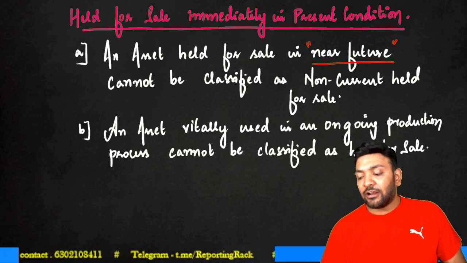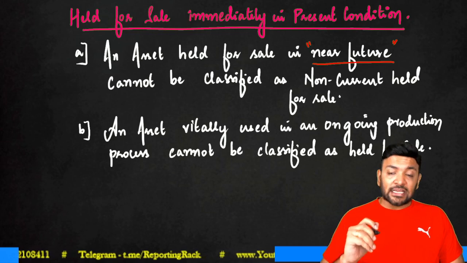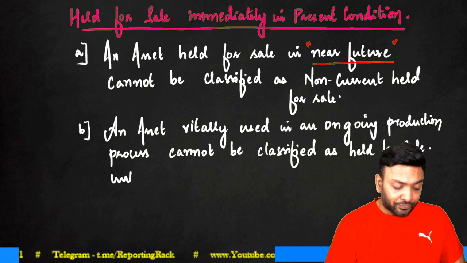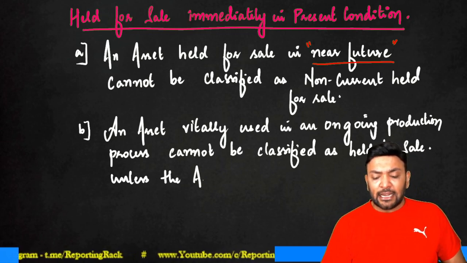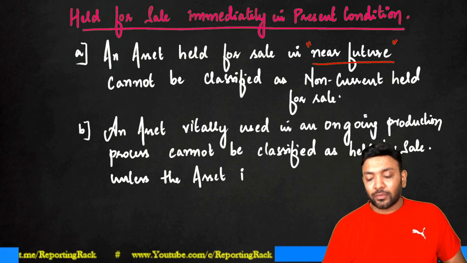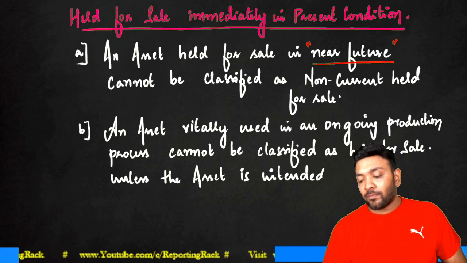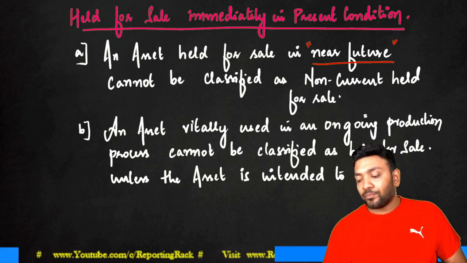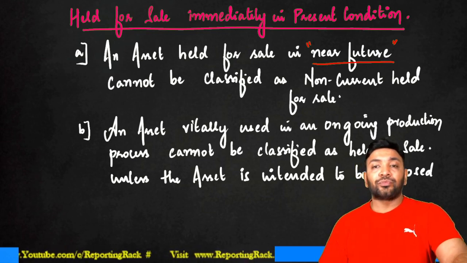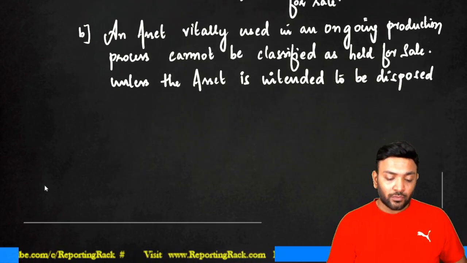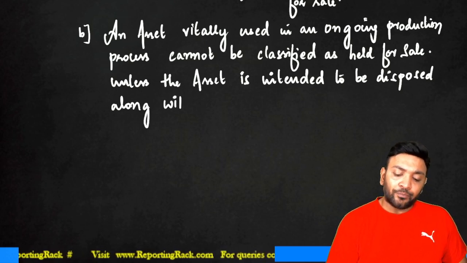If an asset is vitally used in an ongoing production process, it cannot be classified as held for sale unless the asset is intended to be disposed along with the ongoing order.